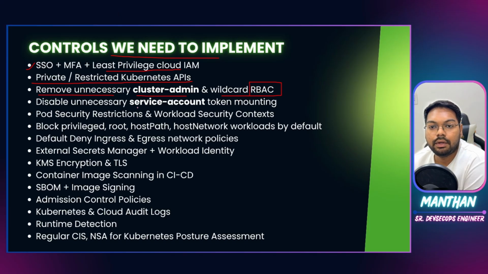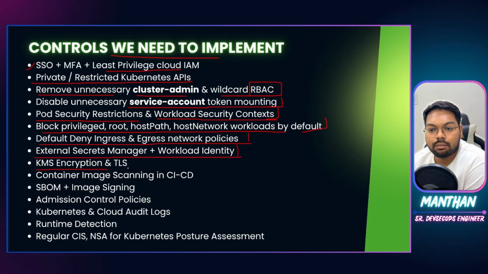Disable unnecessary service account tokens and the mountings done for certain pods. Then pod security restrictions and workload security context should be there. Block privileged, root, host path, and host network workloads by default, and then default deny ingress and egress network policies as we discussed earlier. Then an external secret manager plus workload identity should be used.